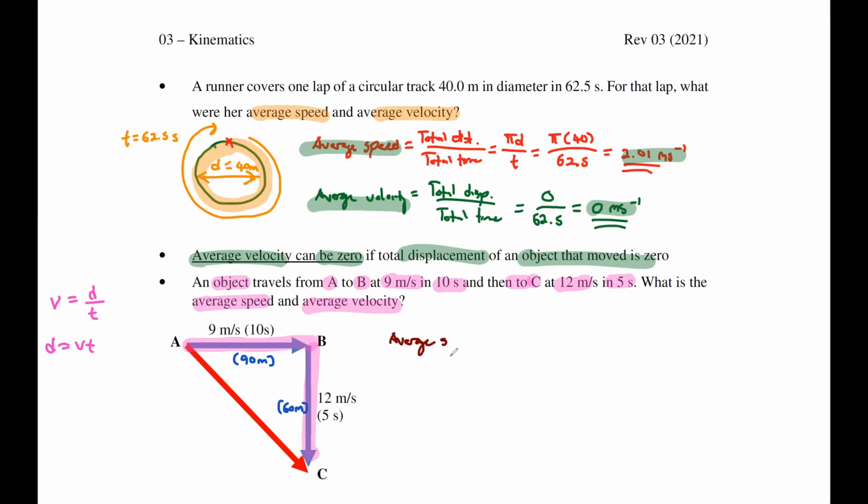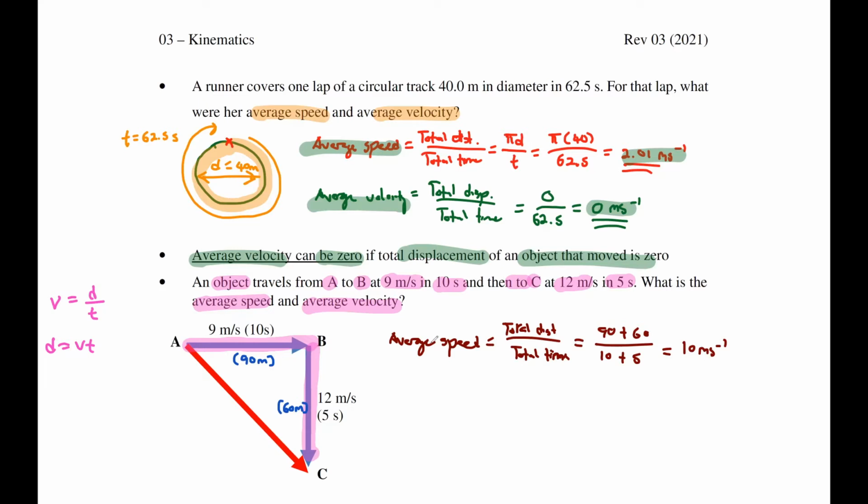Right now, my average speed is the total distance divided by total time. So it should be 90 plus 60 divided by 10 plus 5. So 90 plus 60 divided by 15 gives you 10 meters per second.